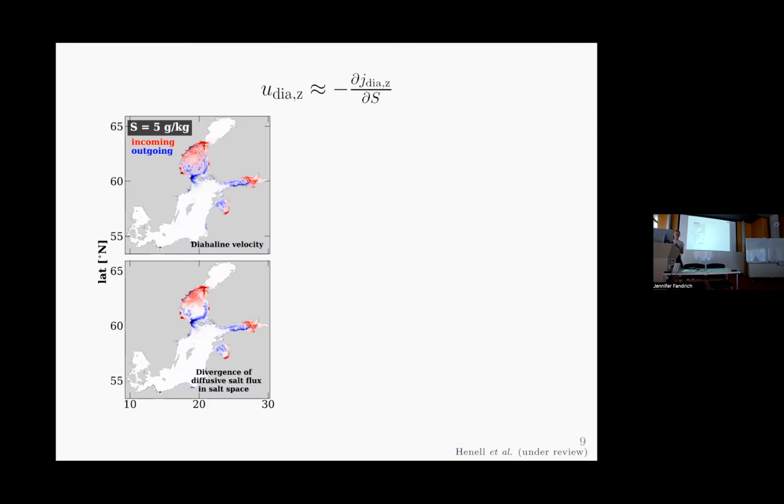And here we have the first relation, between the diahaline velocity and the divergence of the diahaline diffusive salt flux. Here we have these maps of the Baltic Sea, in X and Y direction, for the salinity or the salt value of 5 grams per kilogram.